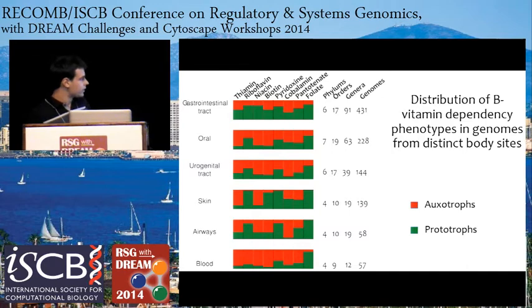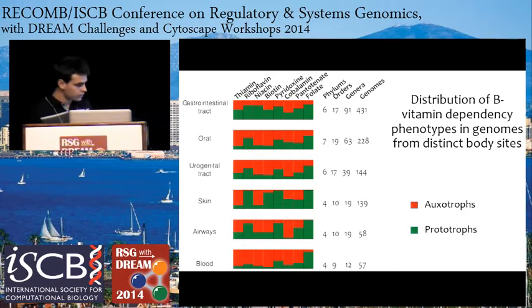For example, the gastrointestinal tract and skin are populated mostly by prototrophs, and the oral and urogenital tracts by auxotrophs. It is surprising that the oral cavity and urogenital tract have B vitamin phenotypic patterns that are more similar to each other than to the gastrointestinal tract.